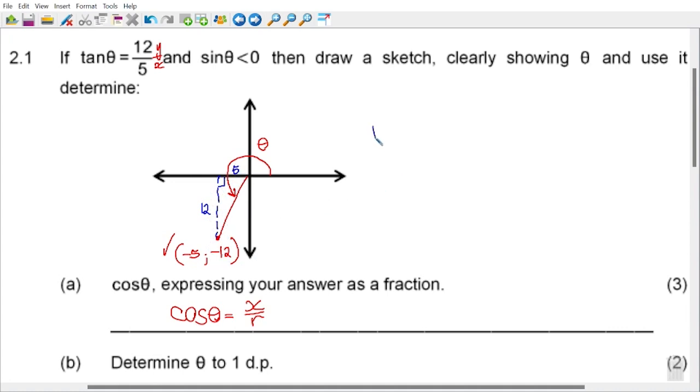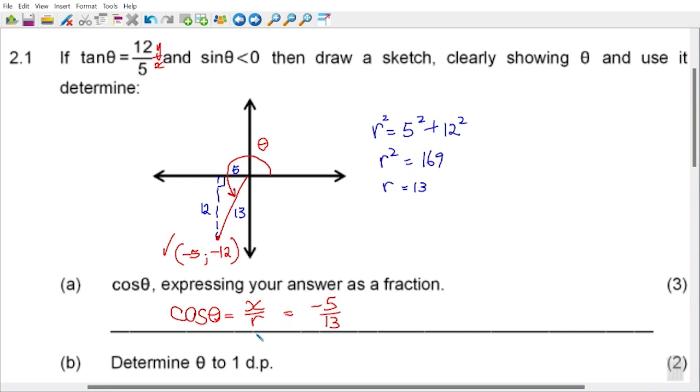So r squared is going to be 5 squared plus 12 squared. Using Pythagoras, r squared comes to 25 plus 144. It's actually 169, and we get r equals 13. So this radius here is 13, and cos of theta, x over r, is going to be negative 5 over 13. We expected cos to be negative in this quadrant.